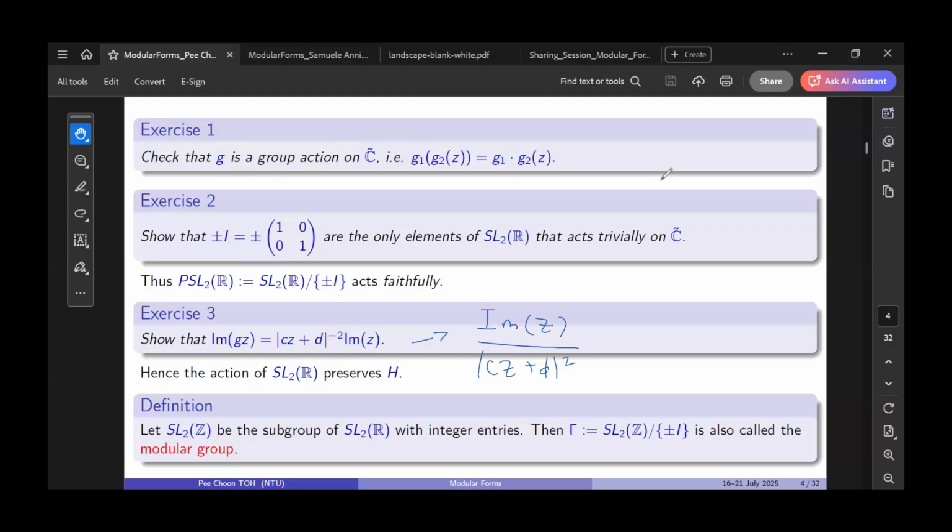I also think this one can be left as an exercise. It's not very hard to prove.